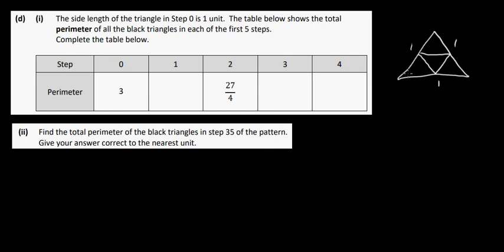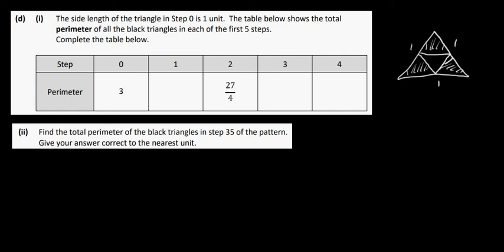What's the new perimeter? Remember, this is our black triangle here, here, and here. This is white inside here, or blank if you like. So we'll have 1, 2, 3 here, we'll have a half here, and a half here, which is 1.5. So we'll have 3 plus 1.5, or just 4.5.